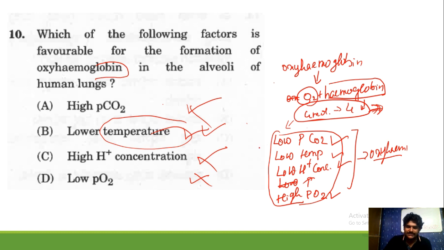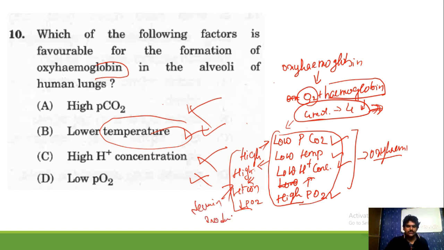What about the vice versa of this? If there is high temperature, high H plus concentration and low PO2 in the body, it decreases the production of oxyhemoglobin in the alveoli.